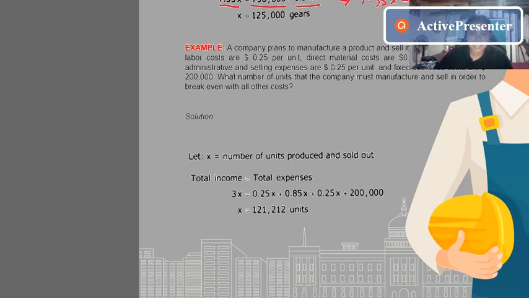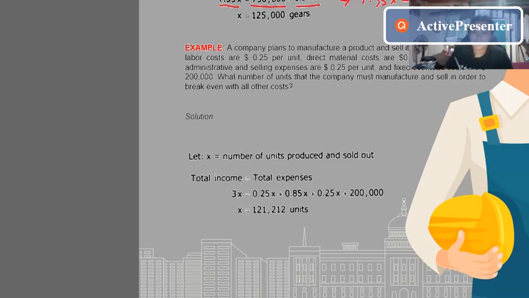Variable administrative and selling expenses are 0.25 per unit. And fixed overhead costs are 200,000. What number of units must the company manufacture and sell in order to break even with all other costs? So for the break-even, let X be the number of units produced and sold.